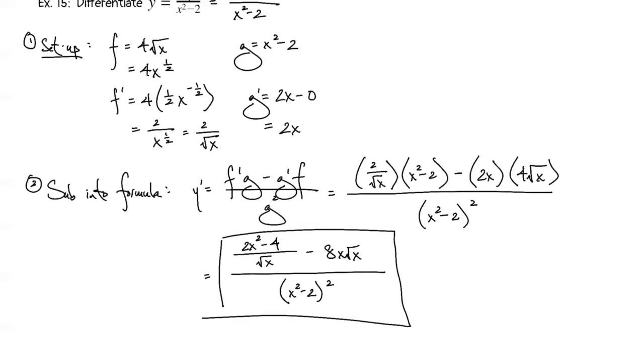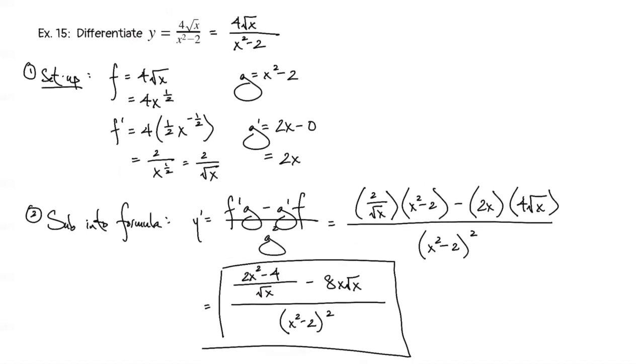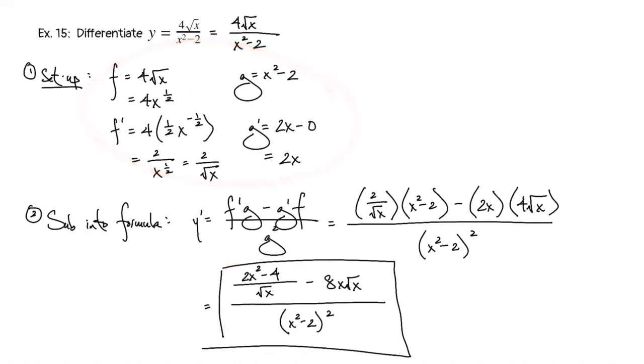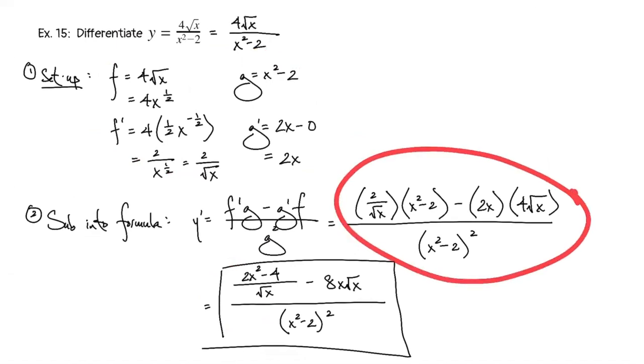Okay. My primary concern here is not that we are aggressively simplifying, but my primary concern is, can we set this up? Do we know what rule we're supposed to use? And can we plug things in the proper place?